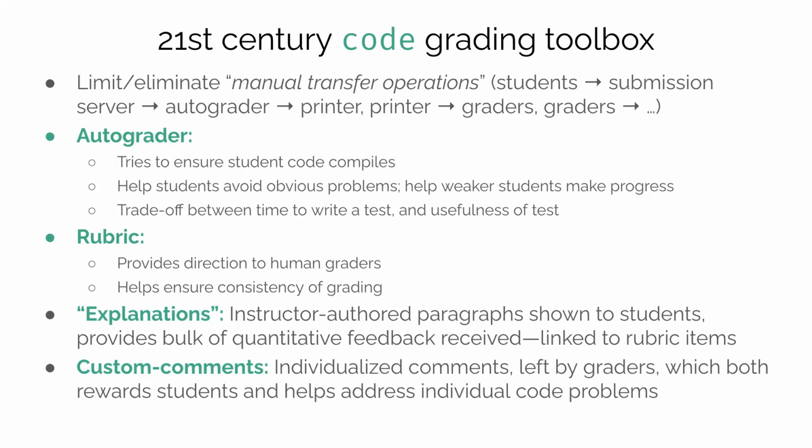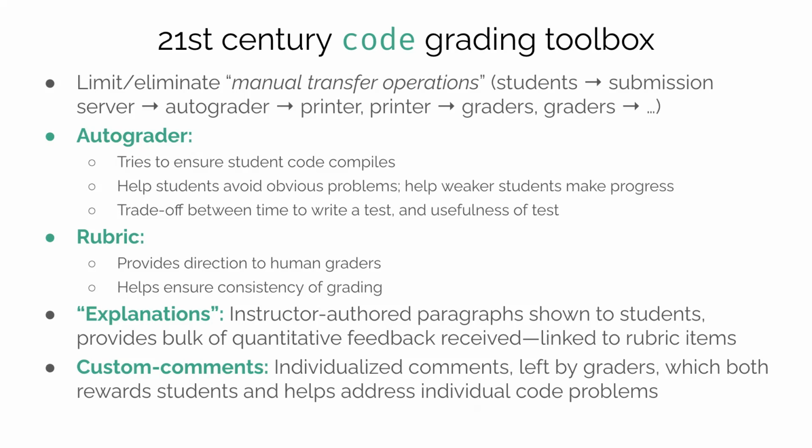The explanations are instructor-authored paragraphs shown to students, and they provide the bulk of the quantitative feedback that is received. These explanations try to make it so that if the student reads the explanation and takes it to heart, they should be able to have all the information they need not to make the same mistake again.